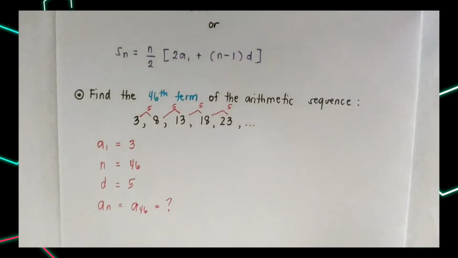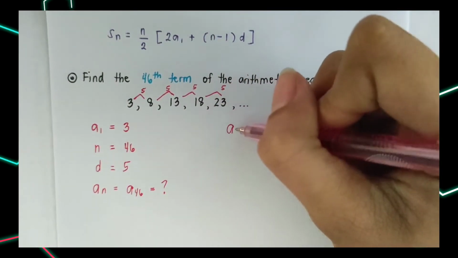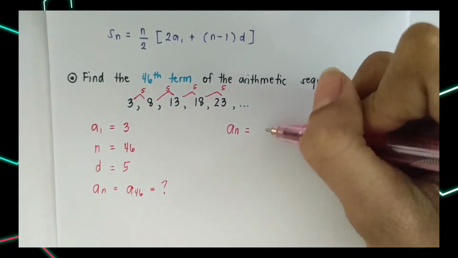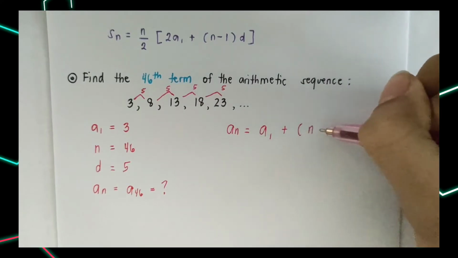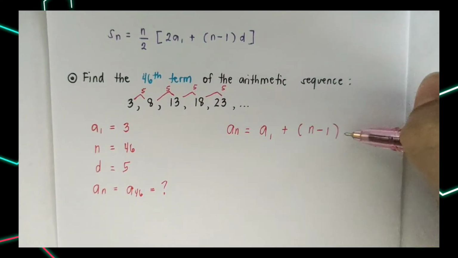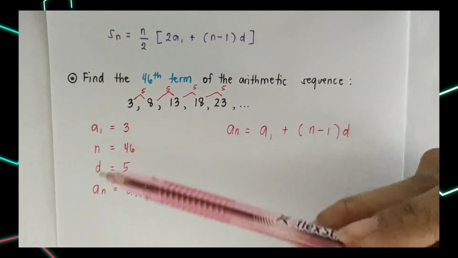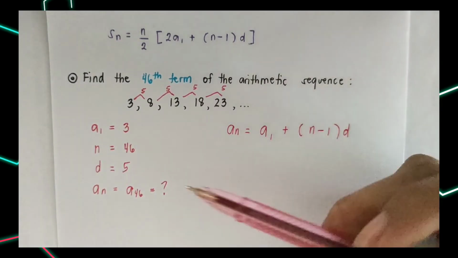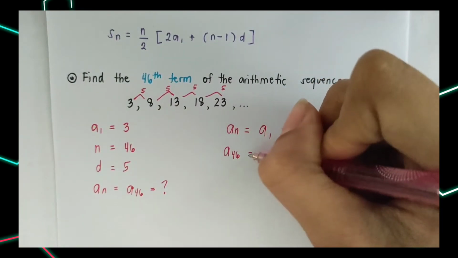Let us rewrite the formula here in our solution. We have a sub n is equal to a sub 1 plus the quantity of n minus 1 times d. Let us now substitute the following values here. Our a sub n is a46 because we are looking for the 46th term.